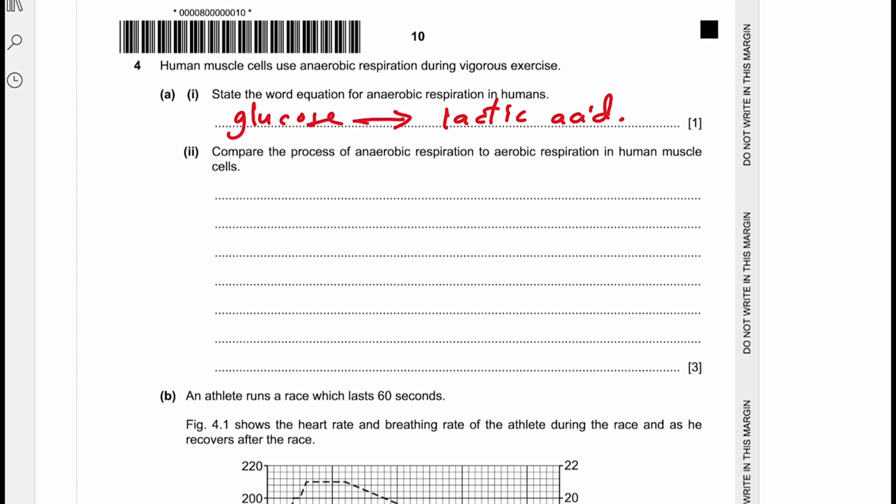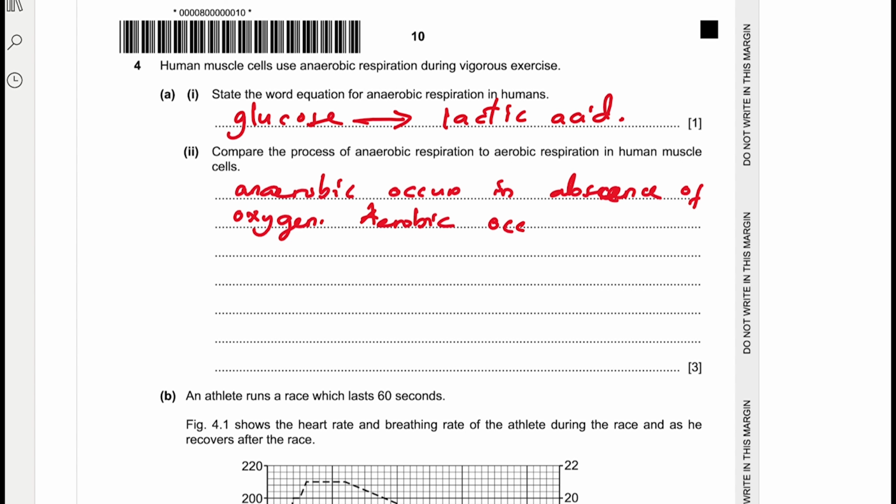Alright, so anaerobic to aerobic. So we say that anaerobic occurs in absence of oxygen, while aerobic occurs in presence of oxygen. That's one thing. Another thing is that in muscle cells, anaerobic forms lactic acid as a product.